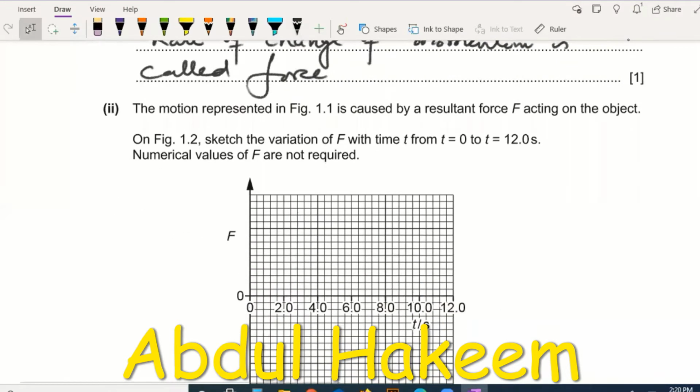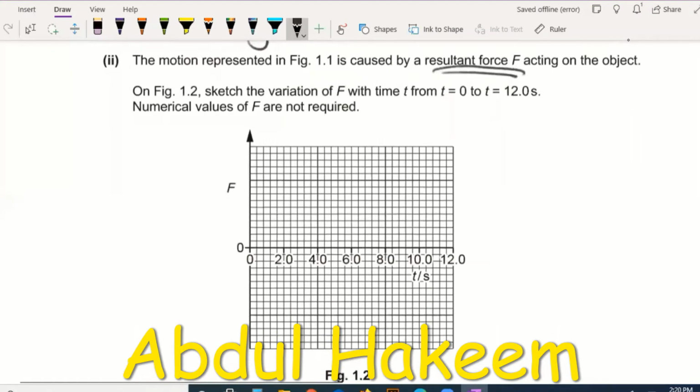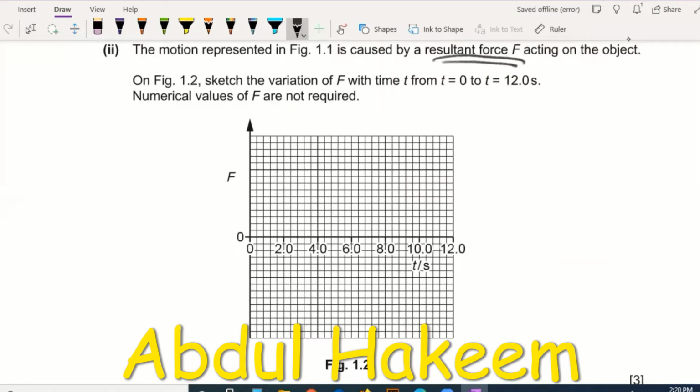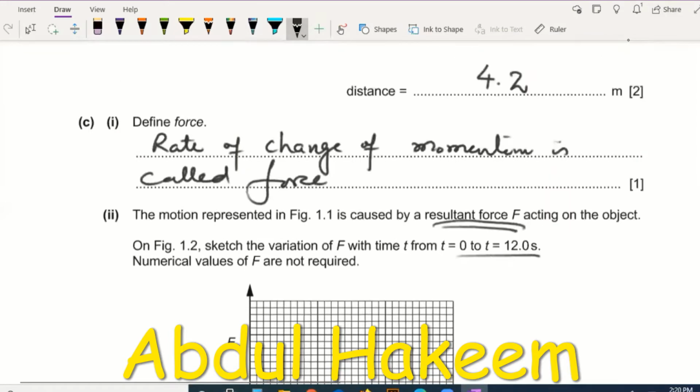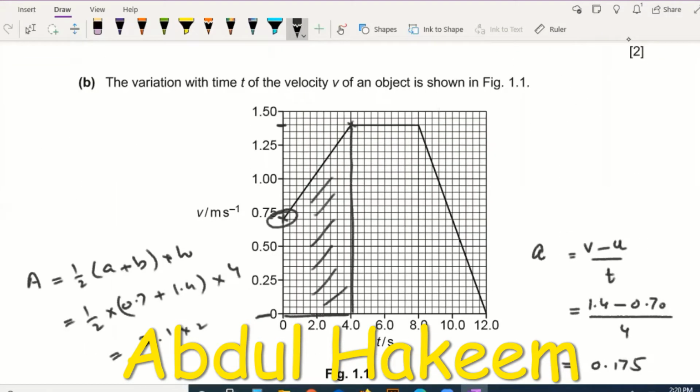Now, the motion represented in figure 1.1 is caused by the resultant force acting on the object. Resultant force means the force which is producing the acceleration. On figure 1.1, sketch the variation of the force F with time t from t = 0 to t = 12. Numerical values of F not required. Look at the graph. From 0 to 4, the acceleration is constant.